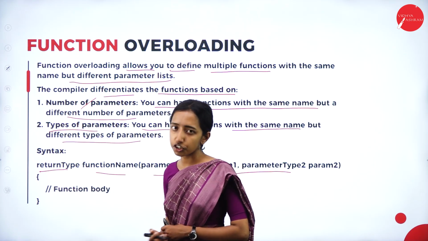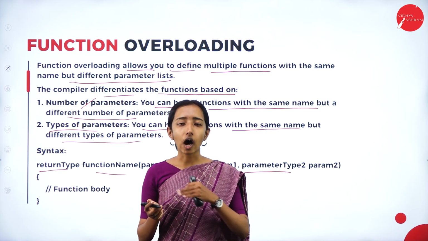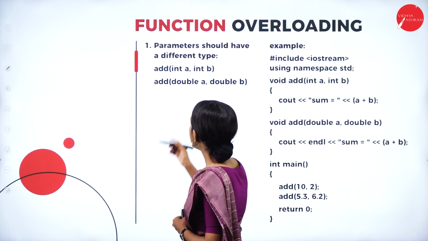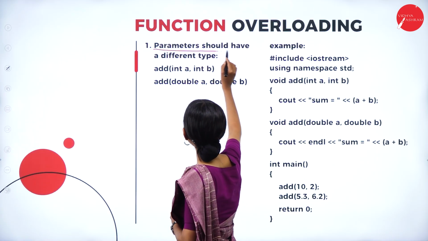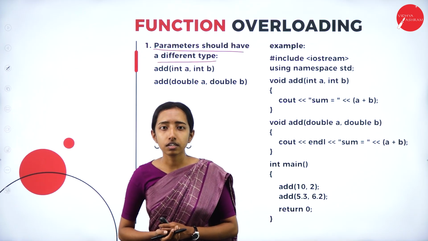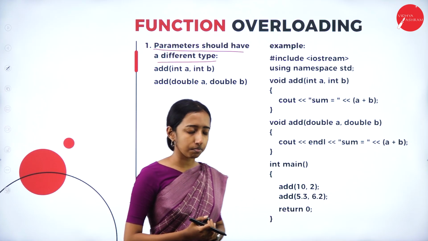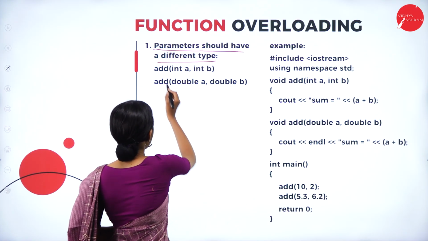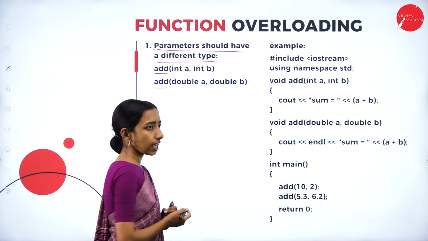Again the function body. So how does function overloading take place in the program? Now the first one, the parameter should have a different type. Function overloading, again I am saying, is a function with the same name.